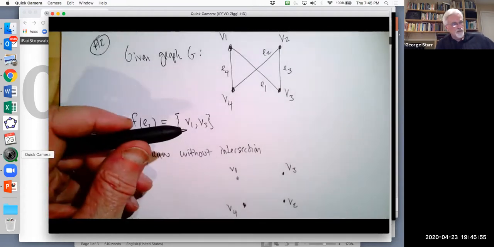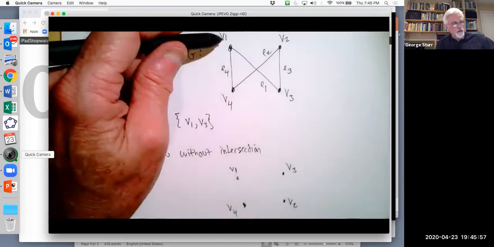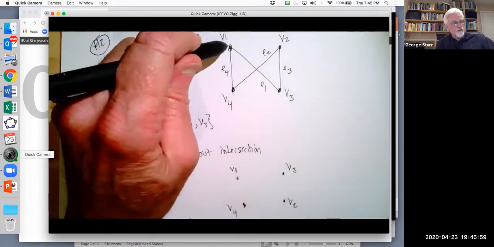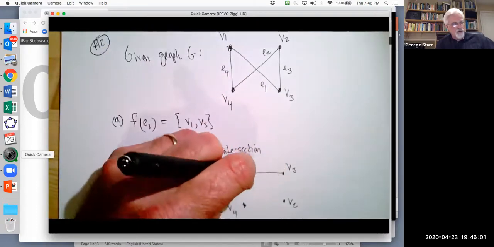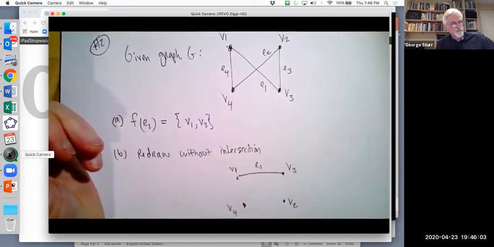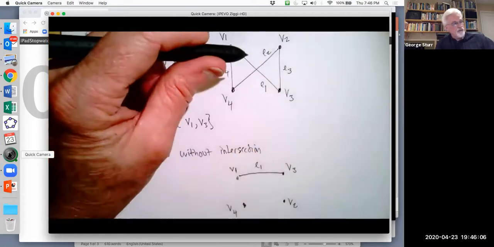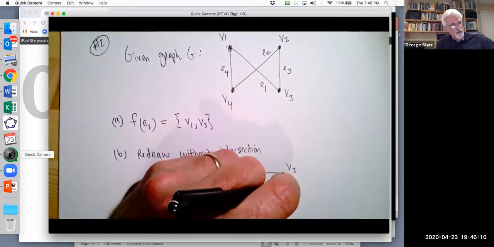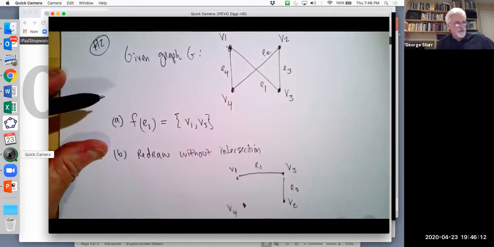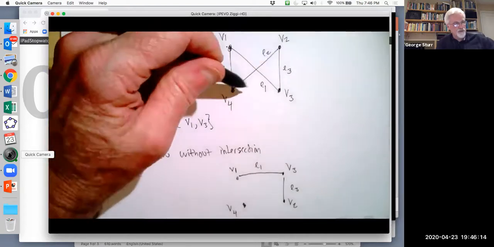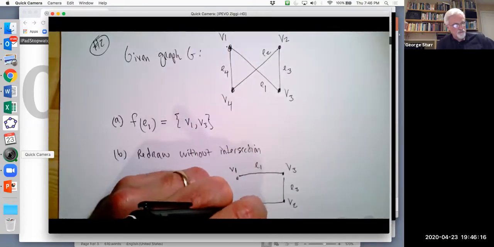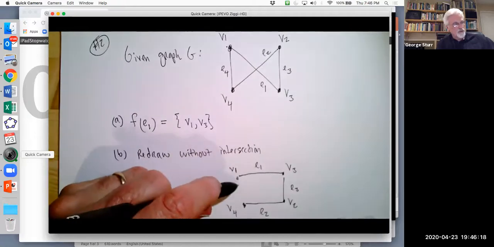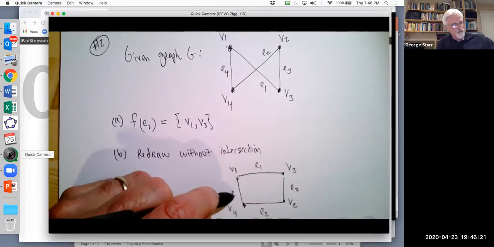And let's see, V1 goes to V3 by edge 1. And then V2 and V3 are connected with an edge 3. I missed E2. E2 is V2 and V4. And then this one here from V1, that's E4.